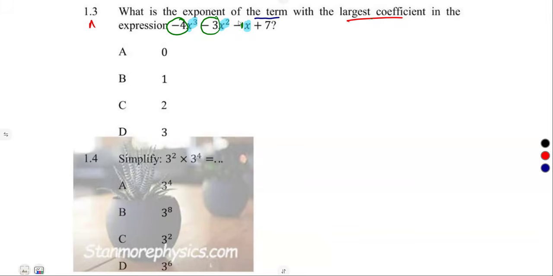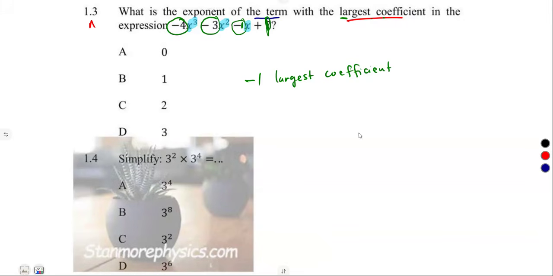The coefficient of x is minus 1. We are talking about the largest coefficient. Which one is the largest: minus 4, minus 3, or minus 1? The largest is negative 1. That is where we have the largest coefficient, comparing these numbers. 7 is a constant, guys.